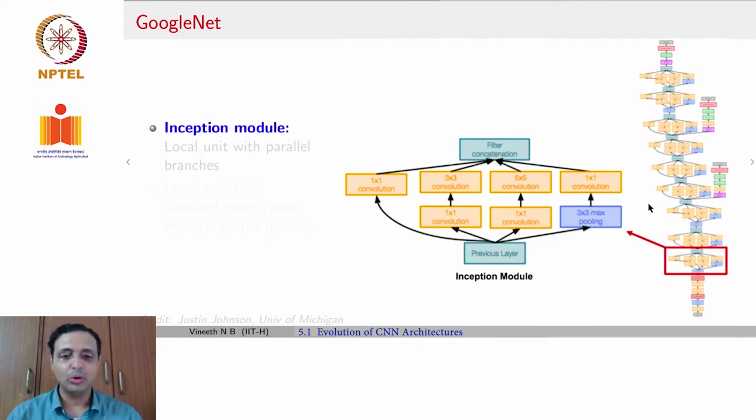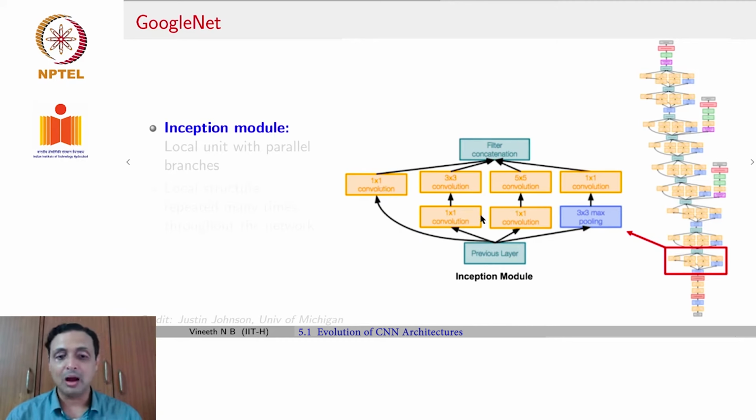The Inception module looked somewhat like this, which was one of those units that keeps repeating in their architecture. So the previous layer's output was branched out into one layer which did a 1x1 convolution.